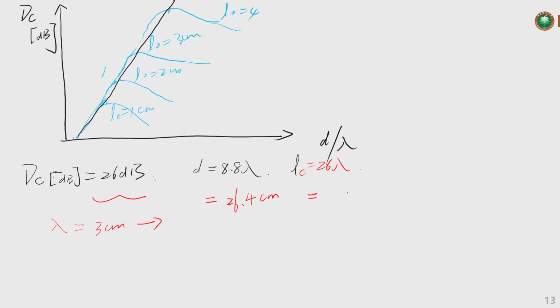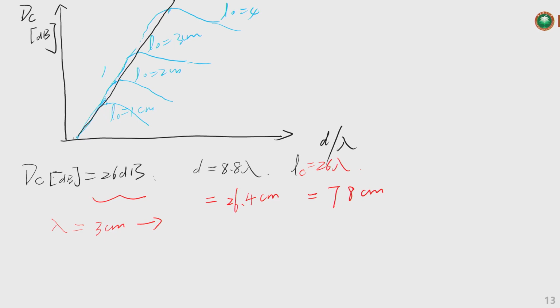This one is around 878 centimeters. So for 10 gigahertz, the wavelength is only 3 centimeters. The slant length of the antenna is 78 centimeters. It's too high. It's too long.